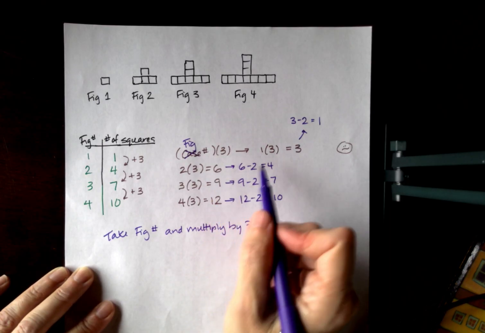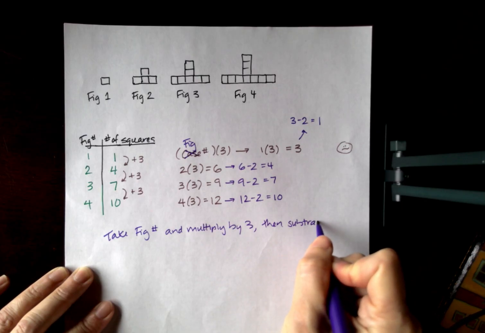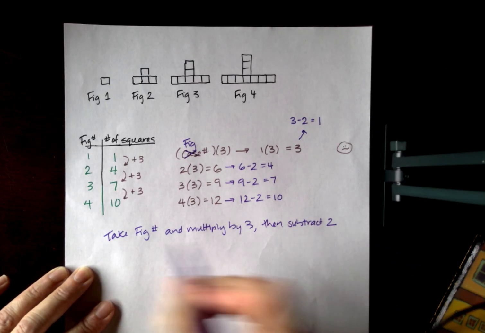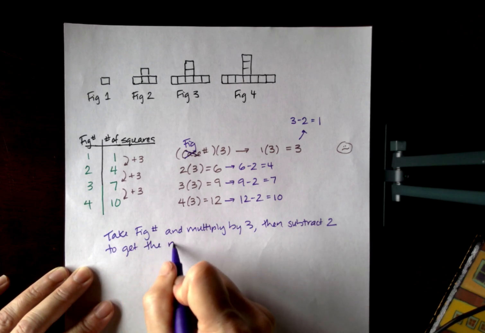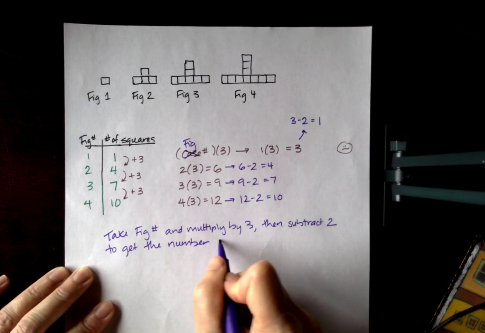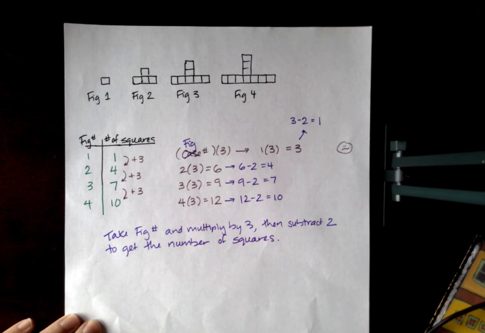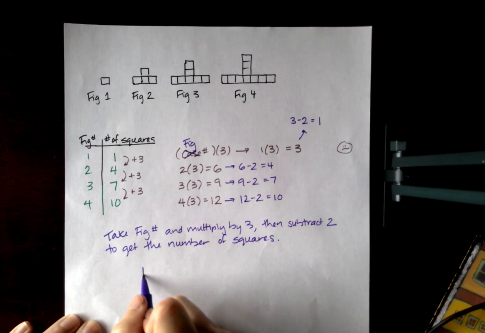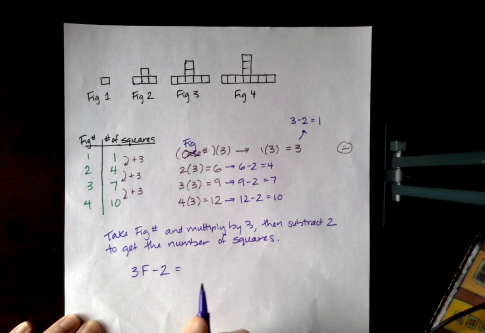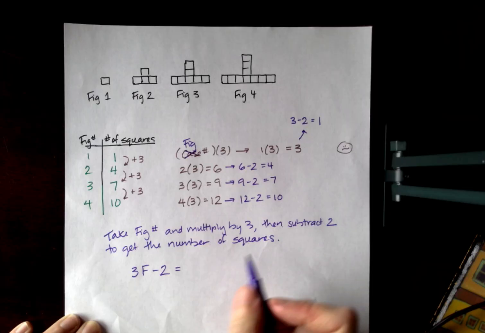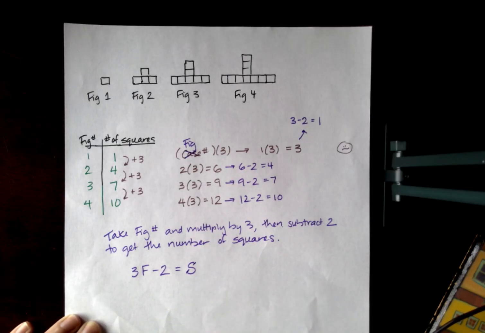So we do that first and then subtract 2 to get the number of squares. If you wanted an equation for this, let's use f for figure number. We would multiply it by 3 and subtract 2, and that will give us the number of squares. Oh, I don't like s for a variable. Mine start to look like 5s.